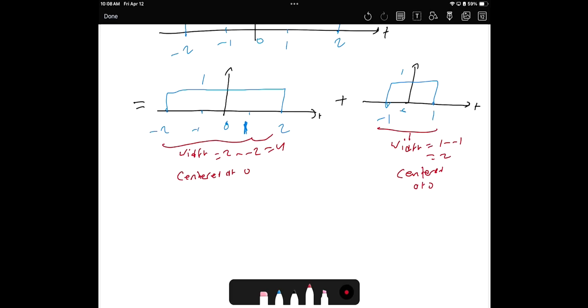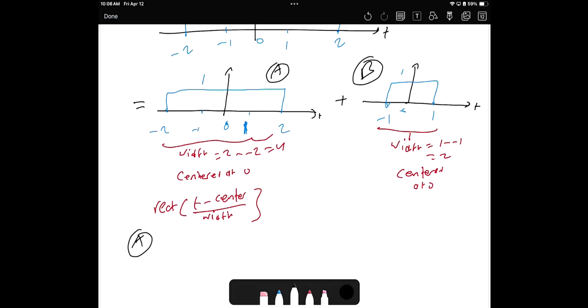So we can say the first one is actually rect of t minus center over width. With this, I can say this is part A, this is part B. With part A, it will be rect of t minus 0 over width, which is t over 4.